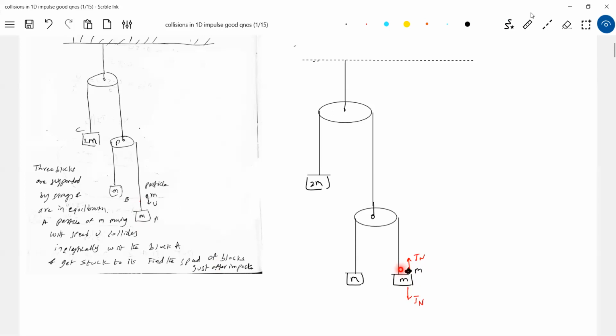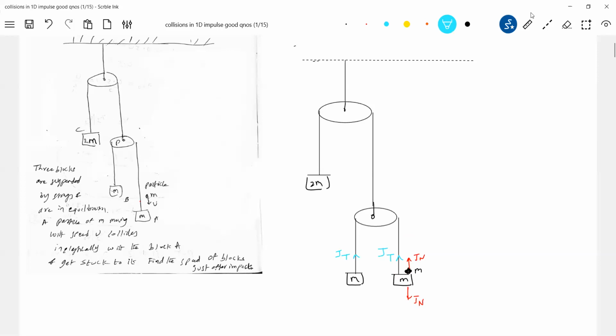So a sudden increase in tension, a jerk, is produced in the string, or an impulsive tension is set up. You know very well how to get the direction of tension. Suppose this is the tension, put J. Is it okay? So that is one method.